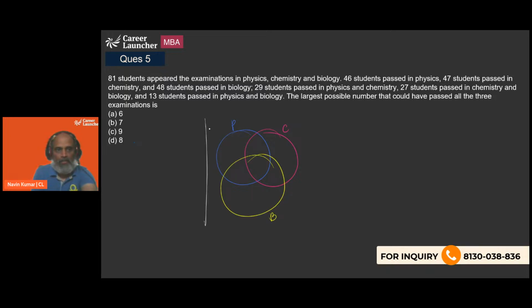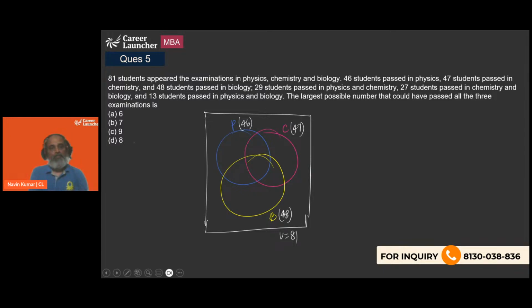And we are told that the universal is 81. Total 81 students appeared. 46 passed in physics, 47 in chemistry, and 48 in bio. Everything in the question, or every person in the question, is about their past exam. Failure kahin nahi likha ho, right?